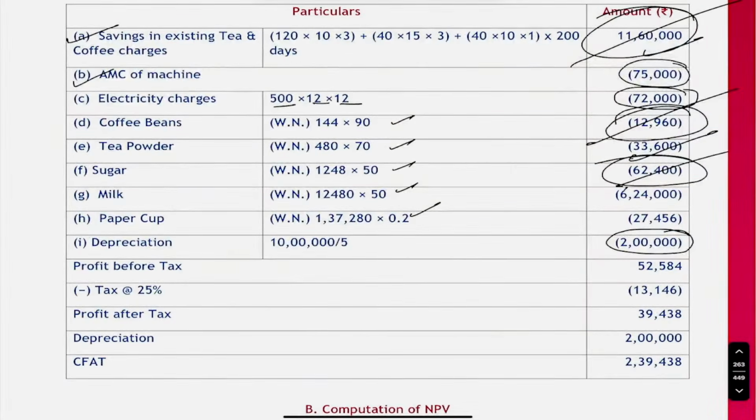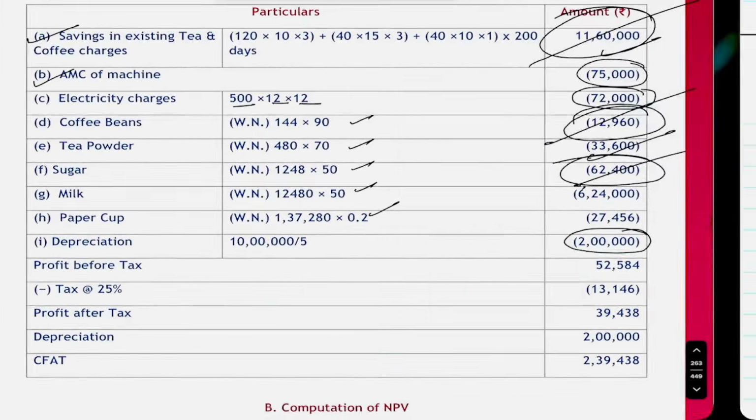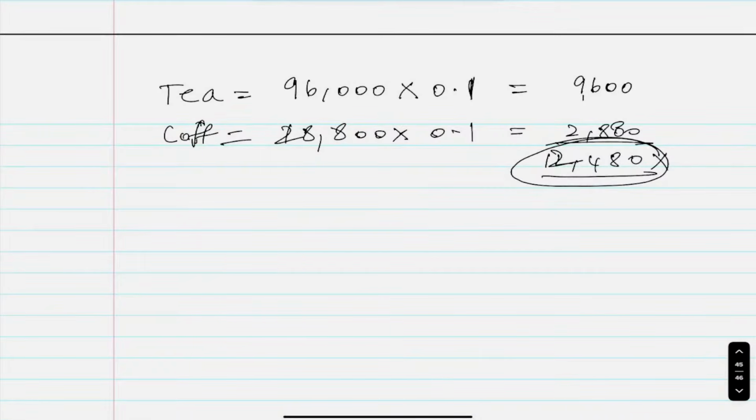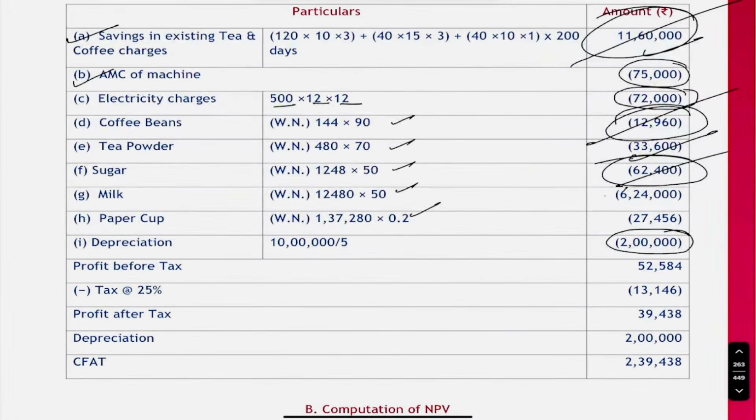So each liter cost is how much? 12,480 into 50. 6 lakh. So 6,24,000 is the cost of milk. Like the paper cup cost came to 27,426 on a similar calculation.